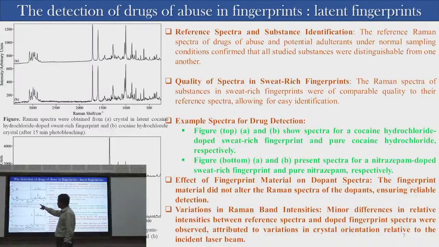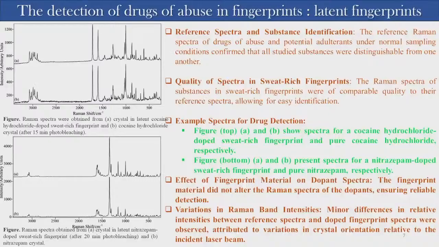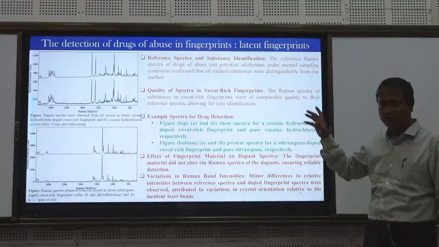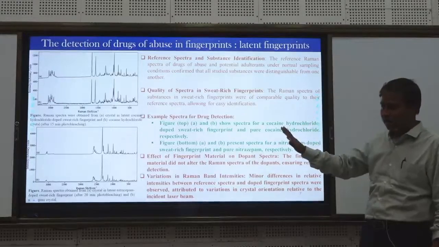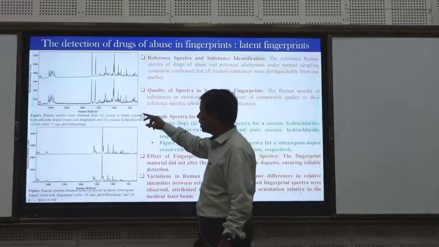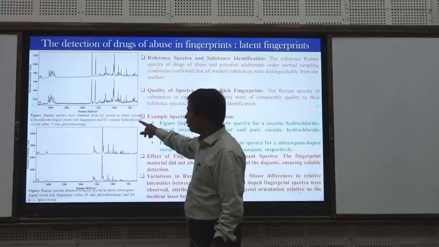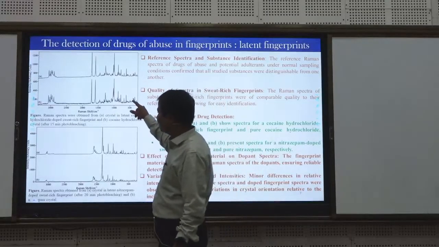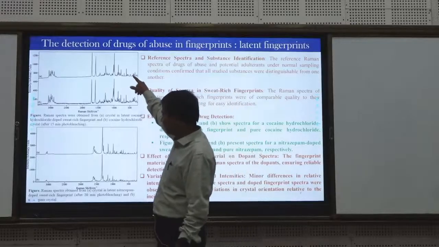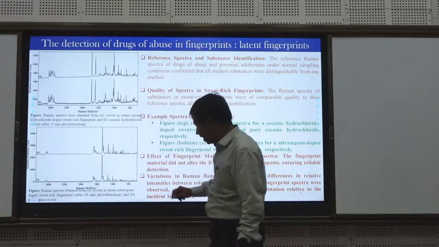You see this Raman spectrum obtained from the crystal of latent cocaine hydrochloride. So if somebody has taken cocaine and that cocaine is sticking to the finger and they have used that finger for any purpose, anywhere they touched, then from that fingerprint one can analyze the cocaine. This is cocaine hydrochloride crystals after 15 minutes of photobleaching. Photobleaching is mainly necessary for bleaching the fluorescence, and this one is with the fingerprint.